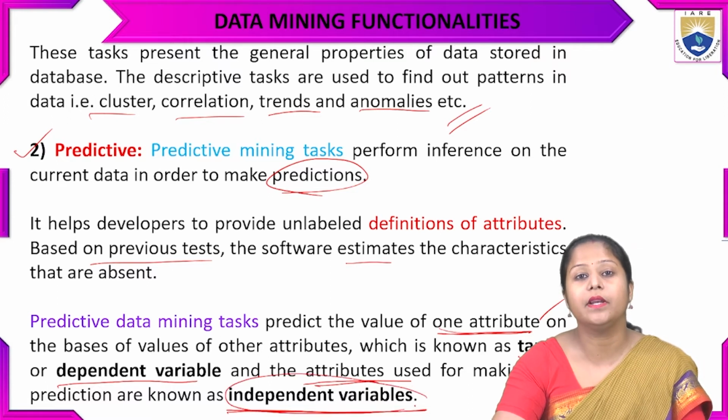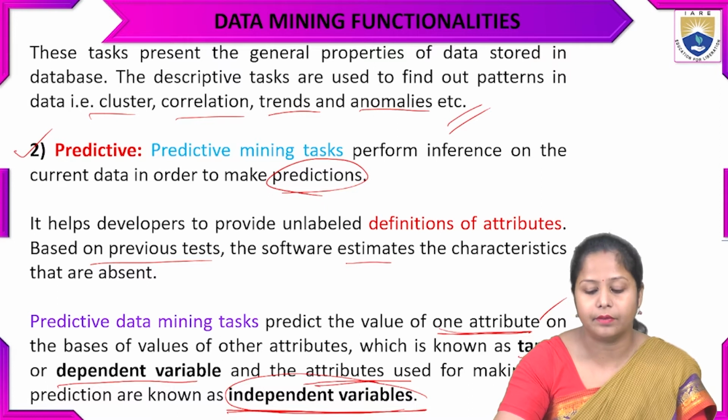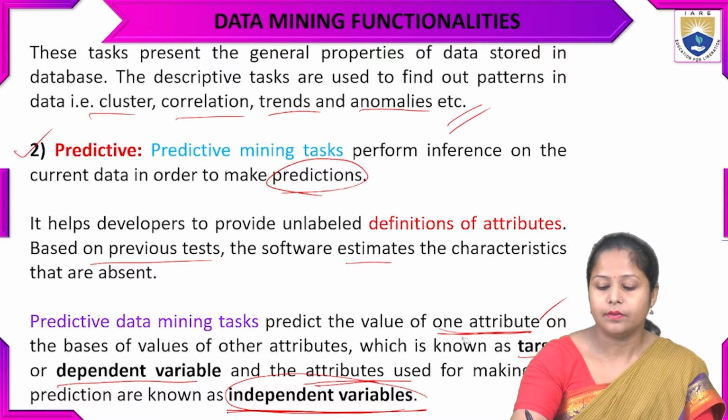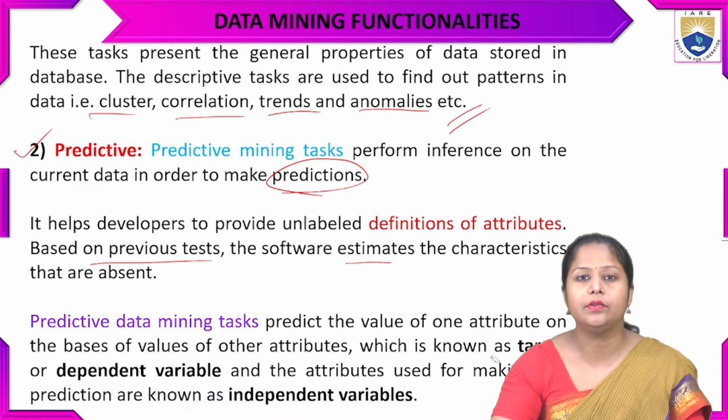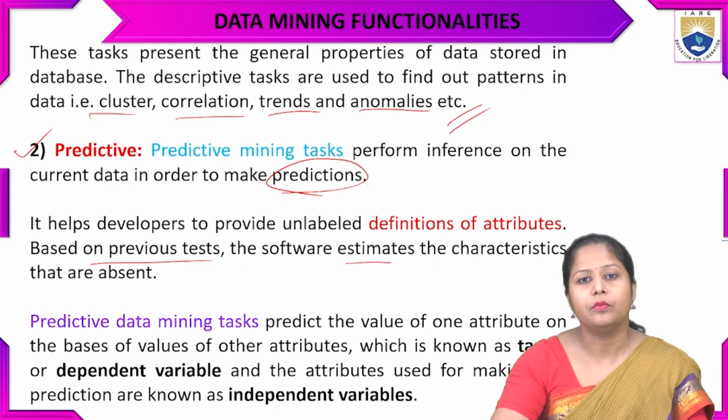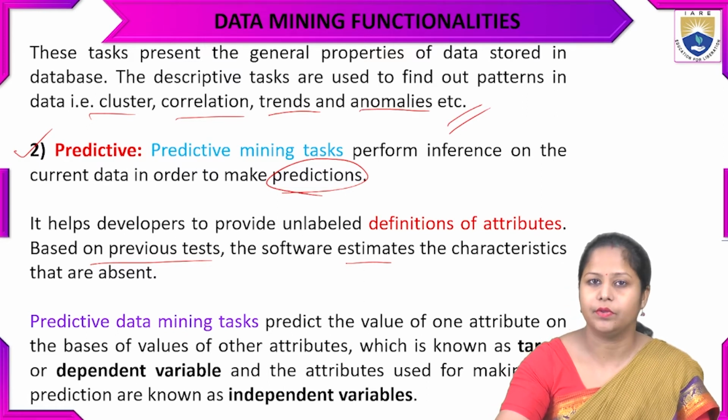So what we call the dependent or target variable, on the basis of the independent variable we are going to make some predictions. In a predictive data mining task we can take more than two attributes, but for example, I am telling you that one attribute will depend on the other attribute.